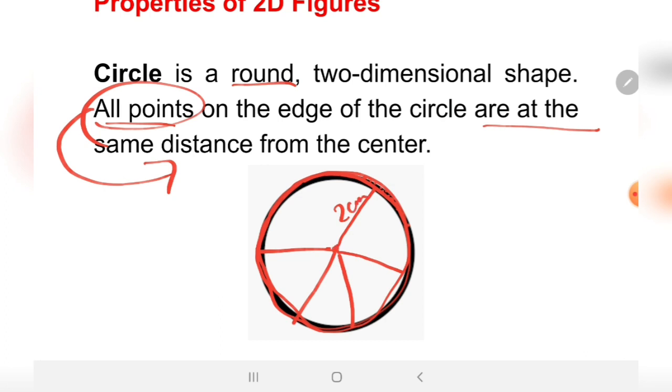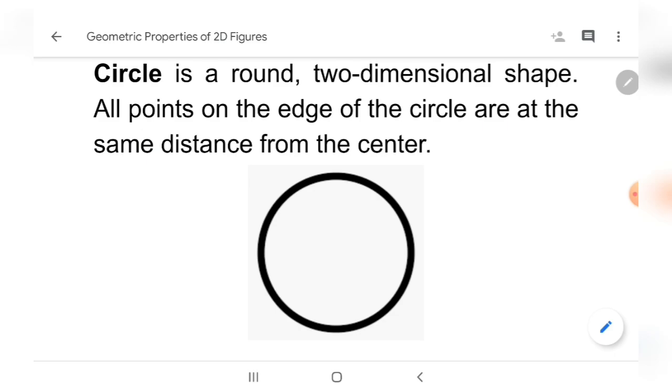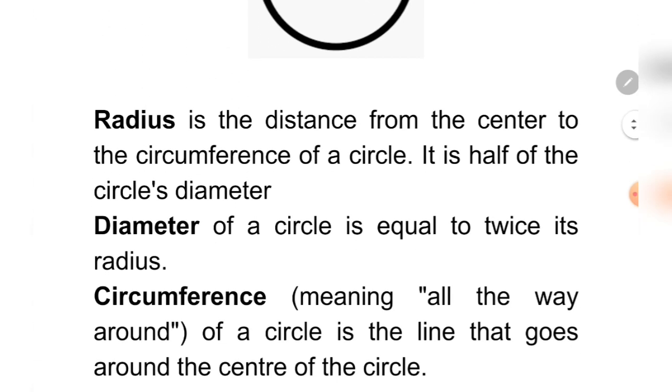For example, this is 2 centimeters from here to here. That means that this is also 2 centimeters. Remember, all points on the edge of a circle are at the same distance from the center. So that means this is 2 centimeters, 2 centimeters, and so on and so forth.